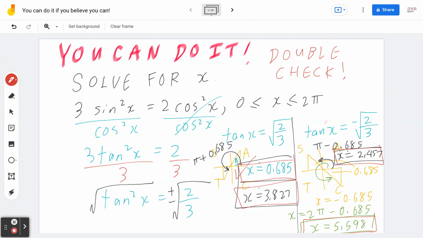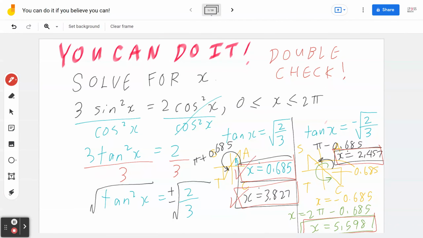I press 3, open bracket, sine of 3.827, close the bracket, square, 1.2. On the right-hand side, 2 times cosine of 3.827, square it, 1.2 again. So I'm putting these check marks to confirm for sure it's right. 2 more cases.